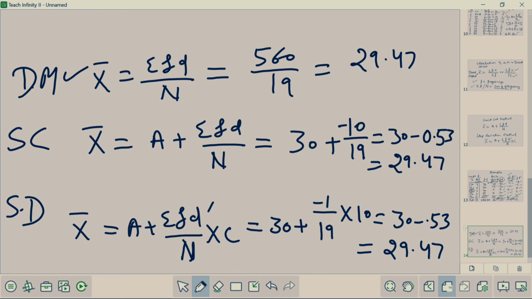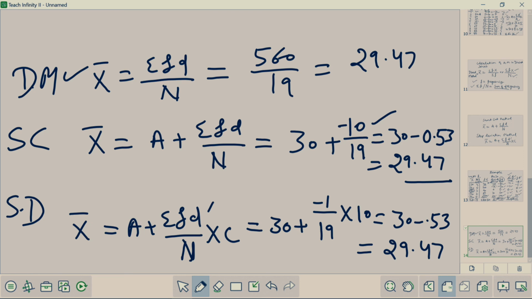In the case of the shortcut method, x bar is equal to a plus sigma fd divided by n, equal to 30 plus minus 10 divided by 19, that is 30 minus 0.53, that is 29.47.